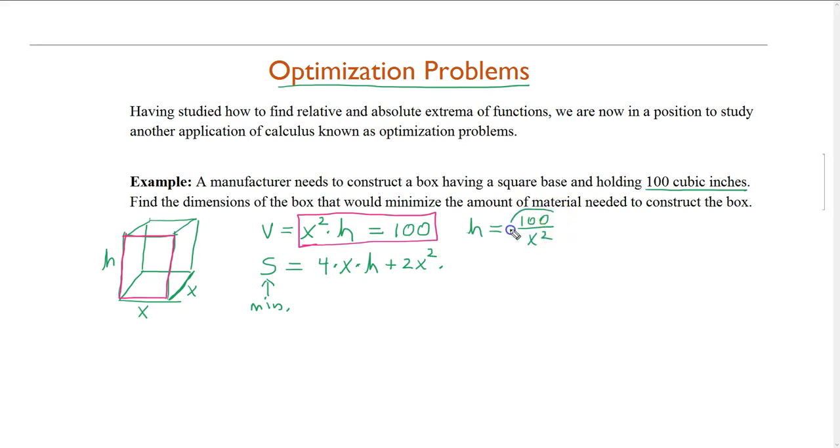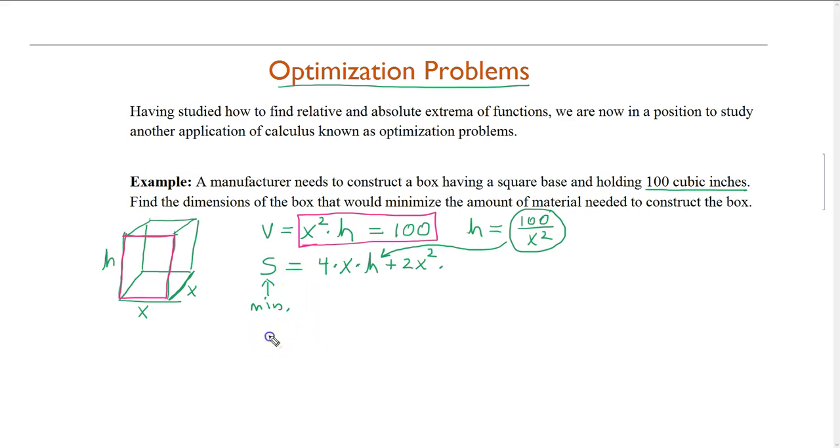So we'll take this and substitute it in place of the H right there. And then we'll get our S in terms of just one variable, and then we can minimize S and find out what X value will make S a minimum.